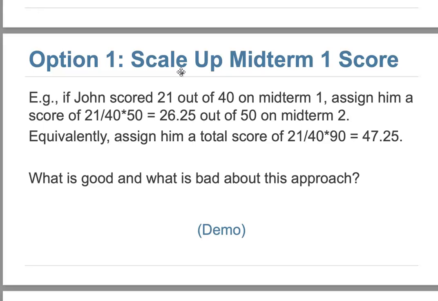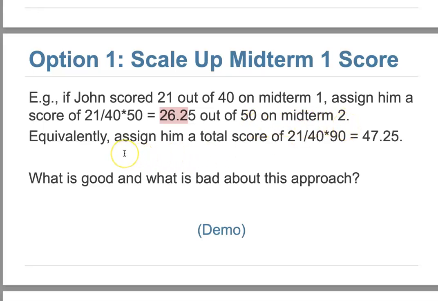For example, say John got 21 out of 40 on midterm 1. Using this ratio, we multiply by 50, and we get 26.25 out of 50 for midterm 2.